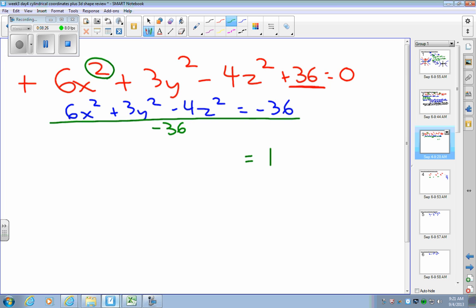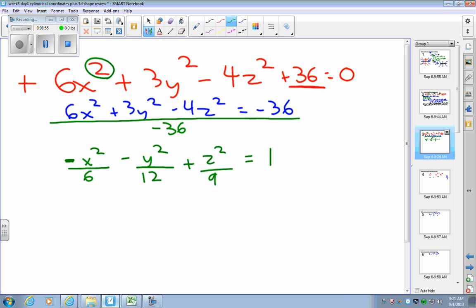And on the left, I'm going to have x squared over 6, and now that guy became negative. I'm going to have y squared over 12, and that guy turned negative. And then I'm going to have the z squared over 9, but the negative and the negative makes it positive. Now remember, when I was telling you, we started with one negative, but when I divided by that negative 36, all of a sudden I popped out 2 negatives.